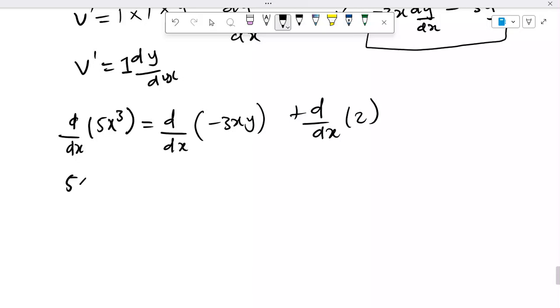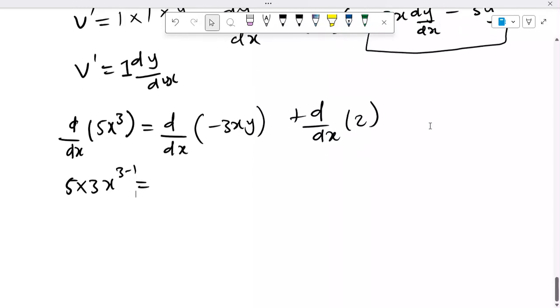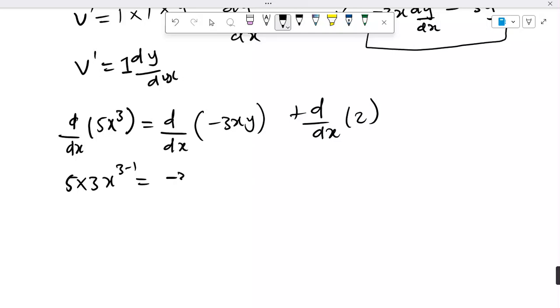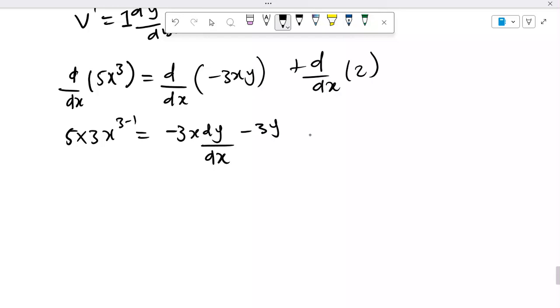This is just 5, we drop down the 3, then x to the 3 minus 1. This one has no y, so you just leave it like this. This part, if you differentiate it, we get this answer. So you write negative 3x dy/dx minus 3y, okay, that's the part, plus 2 has no variable, so it's a constant, it's 0. Differentiating any constant gives 0.